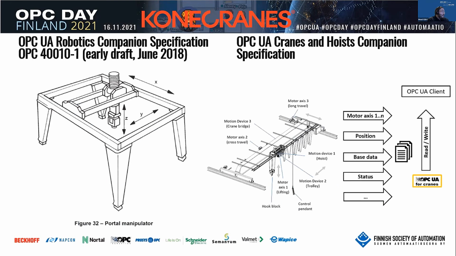And about the motion devices, the robotics companion specification was a good basis for modeling the crane. On the left, you can see a figure of a portal manipulator from an early draft version of the robotics companion specification. And on the right, a figure demonstrates how we have mapped the different crane components using the motion device system type.